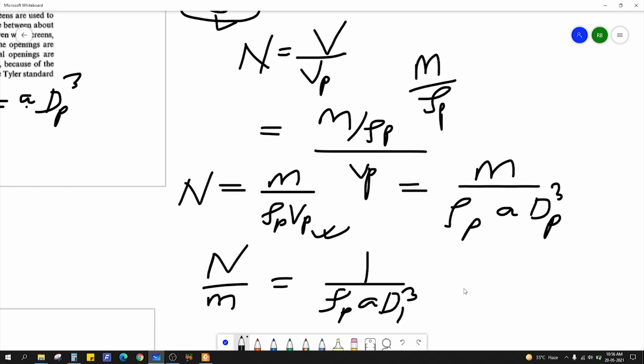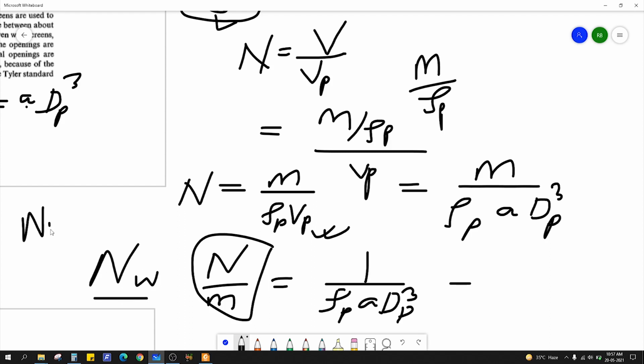This N by m is called Nw, the number of particles per unit mass.